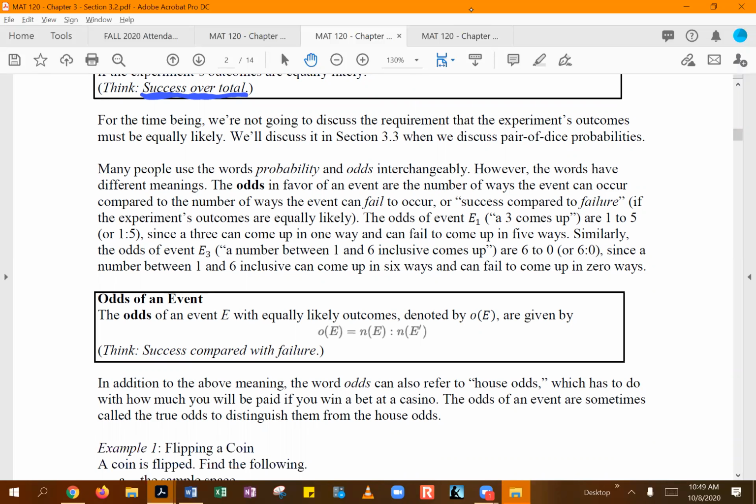When we're talking about odds, we're saying the odds in favor of an event are the number of ways that that event can occur compared to the number of ways that that event will fail to occur. So when we're talking about odds, we're doing success compared to failure.